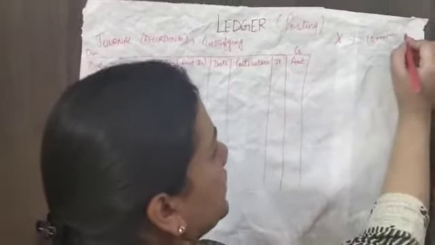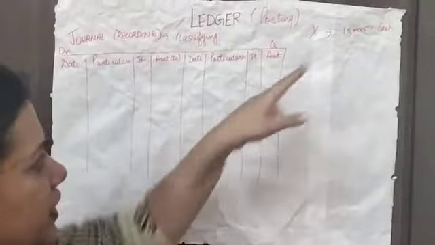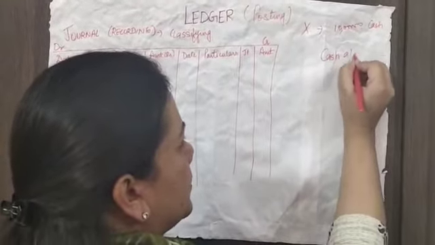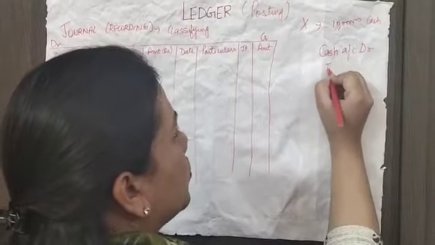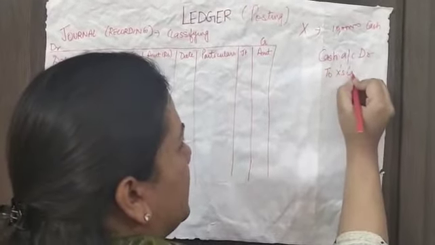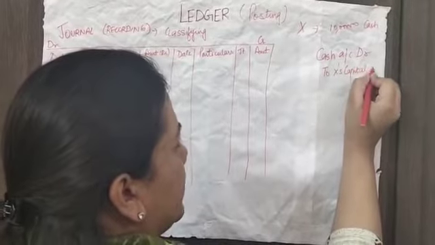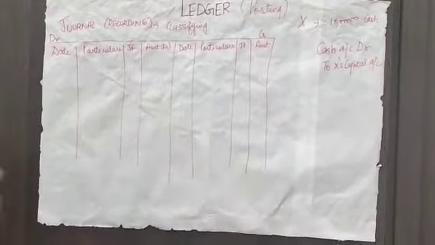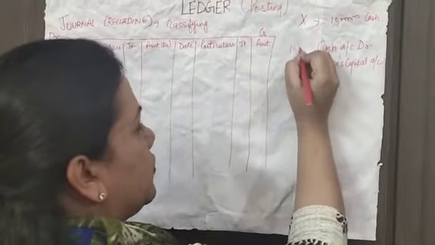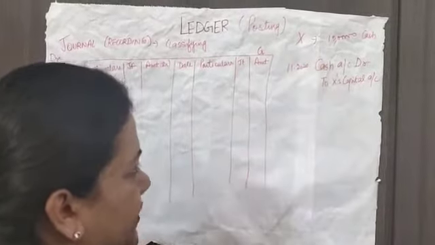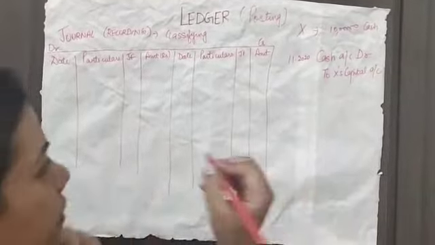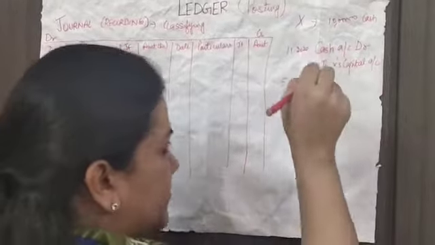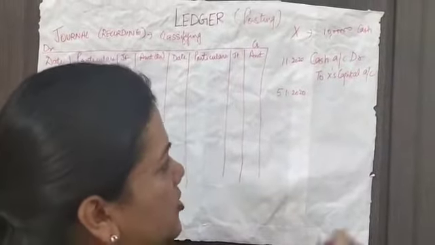We know the journal entry will be cash account debit to X capital account. This is on date, let's say 1st January 2020. This was the entry.